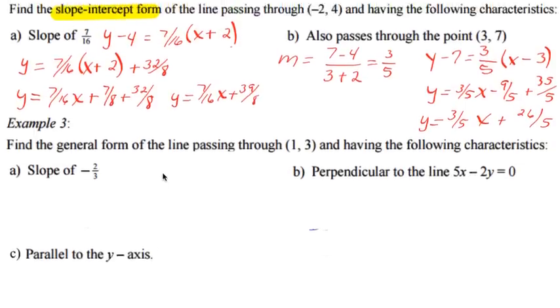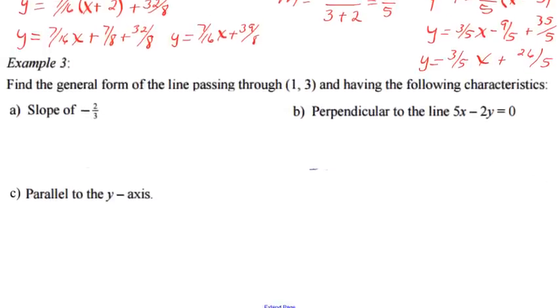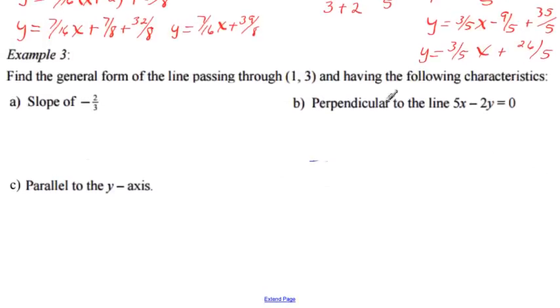Find the general form of the line passing through (1, 3) and having the following characteristics. So we want a slope of negative 2/3, and it goes through this point, and this time we are looking for the general form, or standard form, ax plus by plus c equals 0. So we're going to start out with y minus 3 equals negative 2/3 times x minus 1.